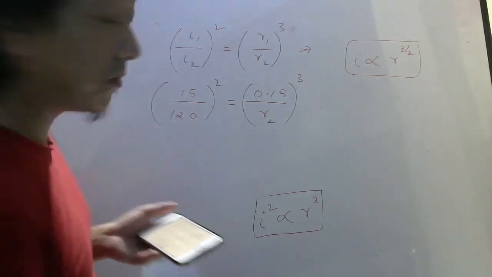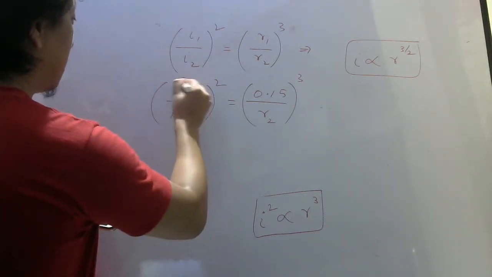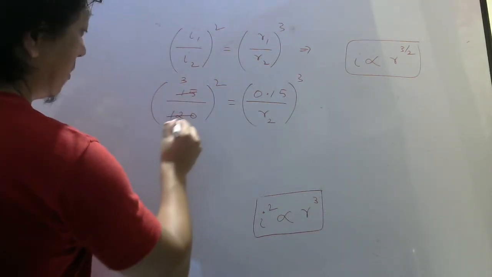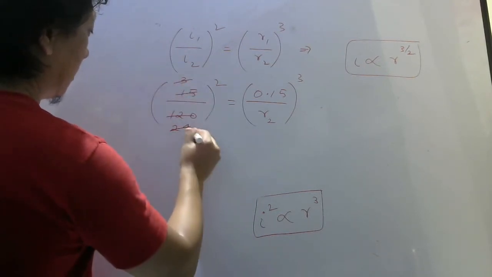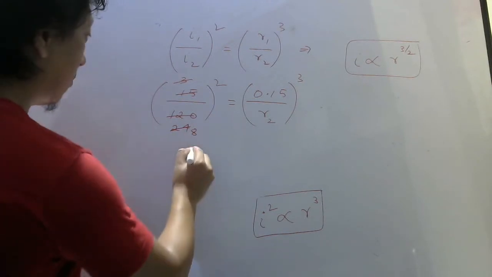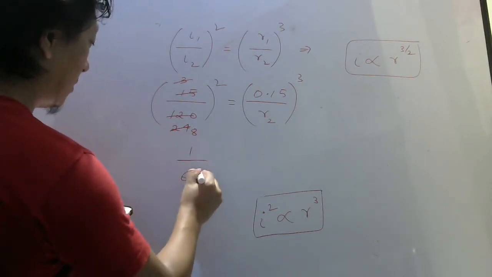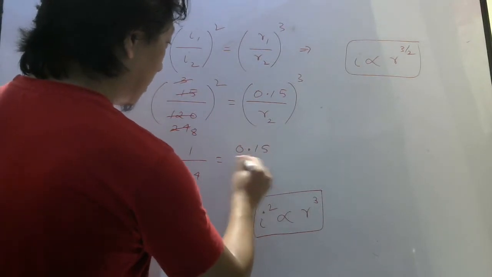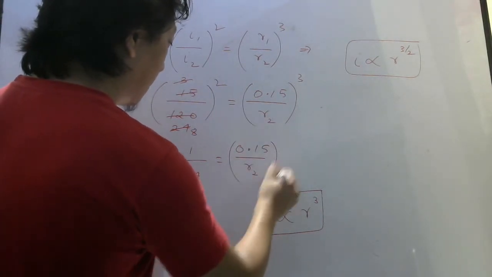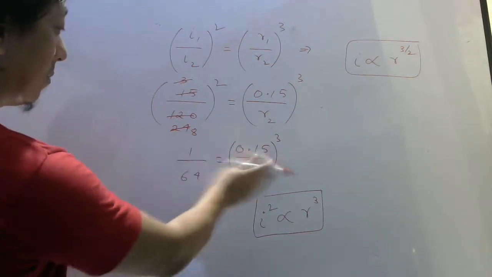This we have to simplify. So 5 3s are 15, 5 2s are 10, then 2 carry, 5 4s are 20, 3 8s are 24, right? So this will be 1 by 8 square, which is 1 by 64, equal to 0.15 divided by R2 cube. So then you take the cube root.